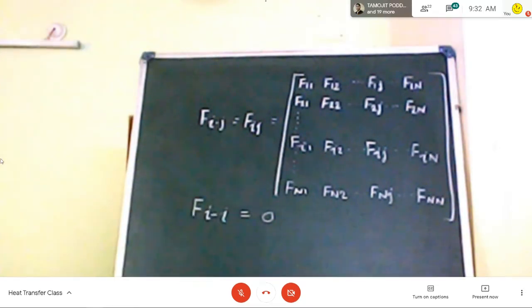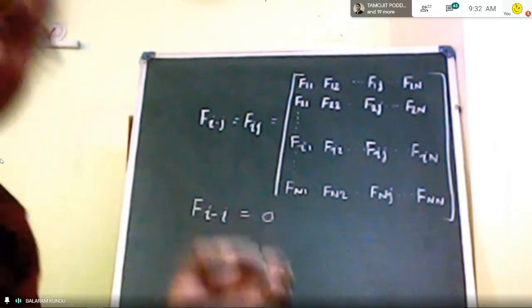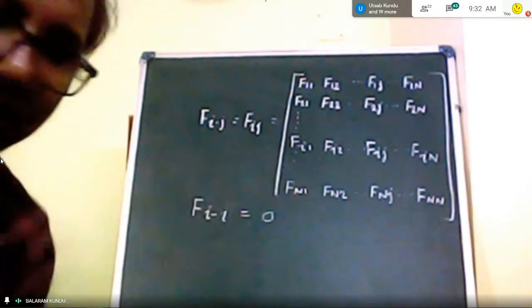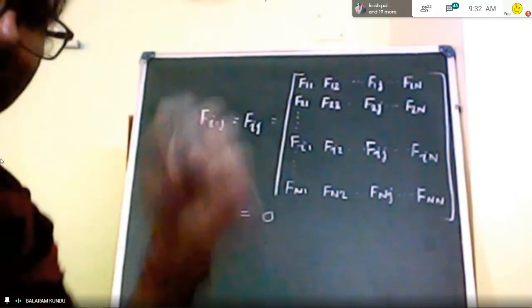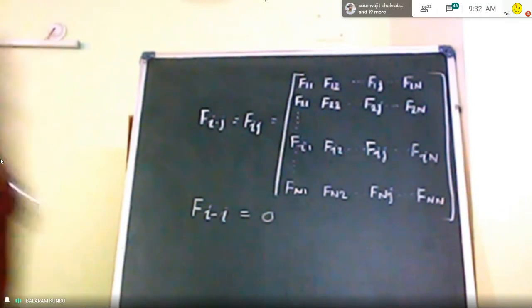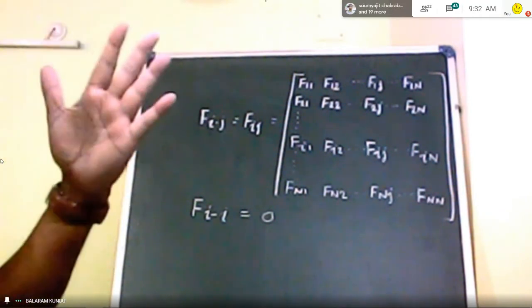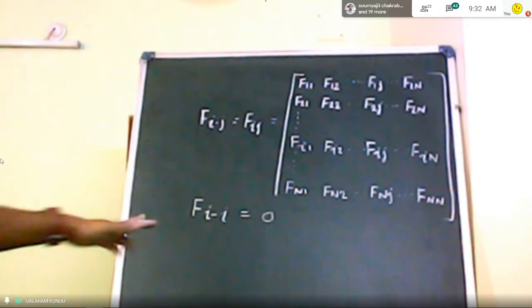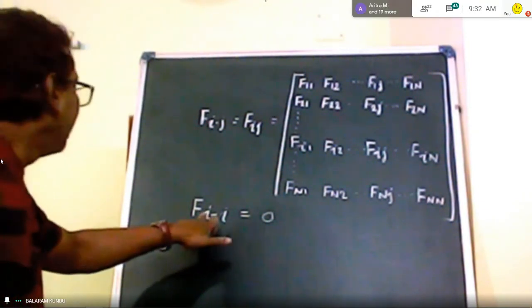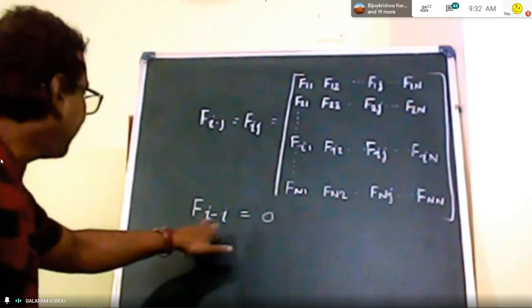So that means here n squared shape factors are required to determine. Clear? So for an n zone enclosure, n squared shape factors are required if all the surfaces are plane. Then we can eliminate these: we can consider F i i equal to 0.